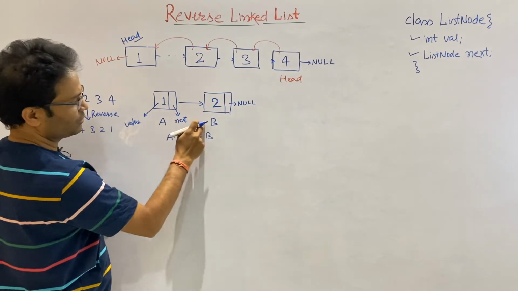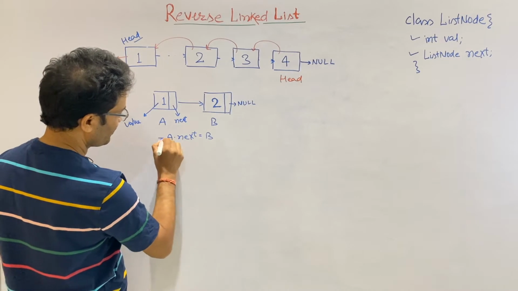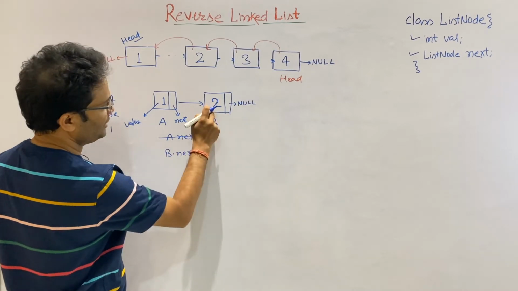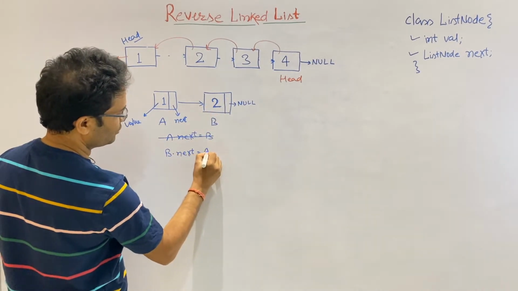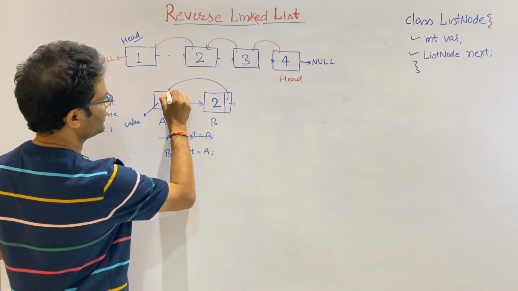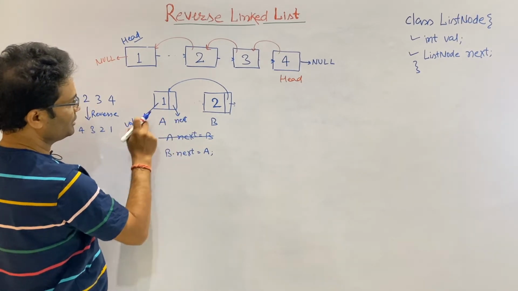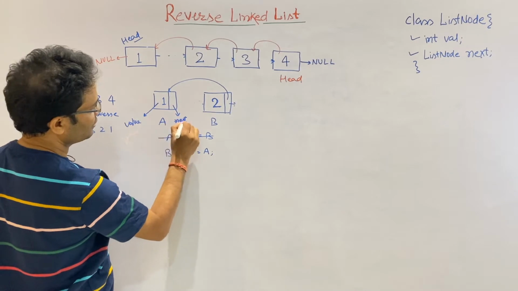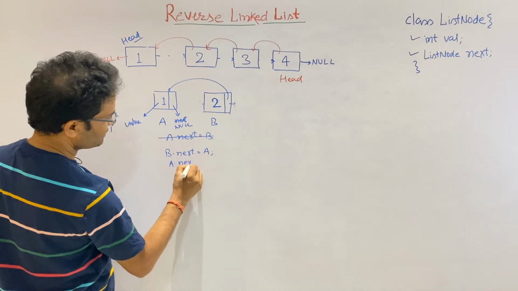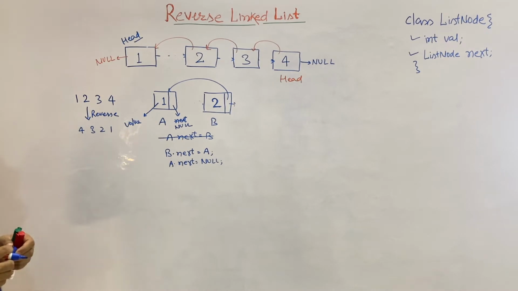A dot next is equal to B. So what we have to do is B dot next is equal to A. Means now it will not point to this, it will point to this one, and you have to remove this pointer, right? This pointer should be the null. This should be the not null, this should be the null. So then A dot next should be null. This is the way we can do that, right?